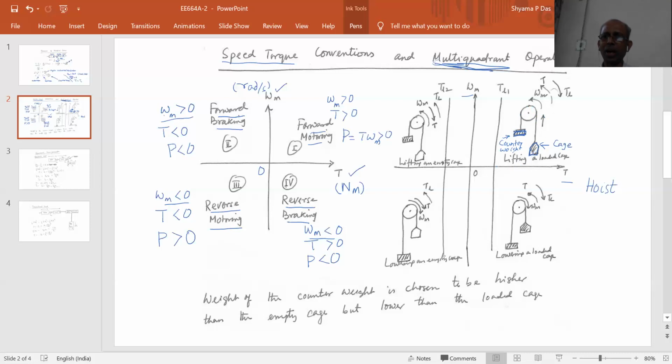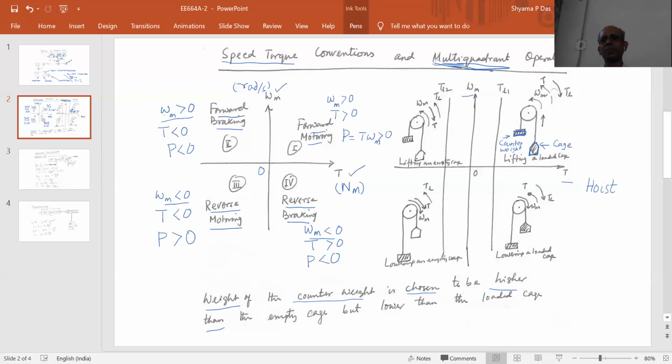Now we have a loaded cage and we have a counterweight, and the weight of the counterweight is chosen to be higher than that of the empty cage. Empty cage means when the cage is not loaded. When we have the hash mark, it is a loaded cage, and when we don't have the hash mark here, it's an empty cage.